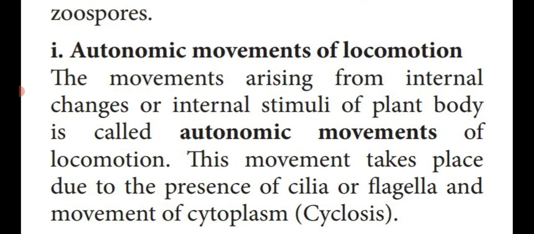The movement which takes place or arises from internal changes or internal stimuli of the plant body is known as autonomic movement. That means automatically some changes occur on the inner side and show the movement of the plant body, known as autonomic movements. This takes place due to the presence of cilia or flagella and movement of the cytoplasm.